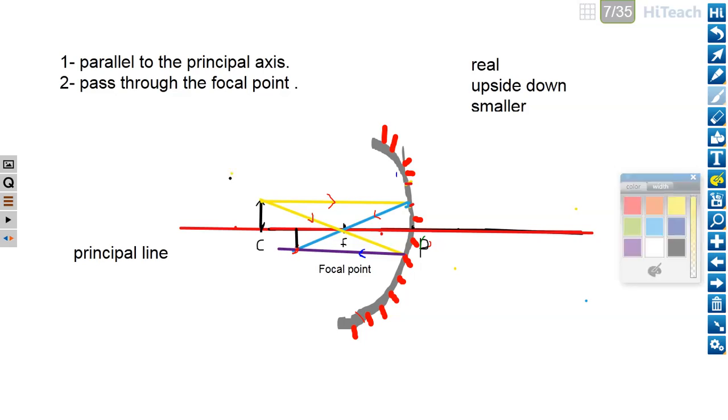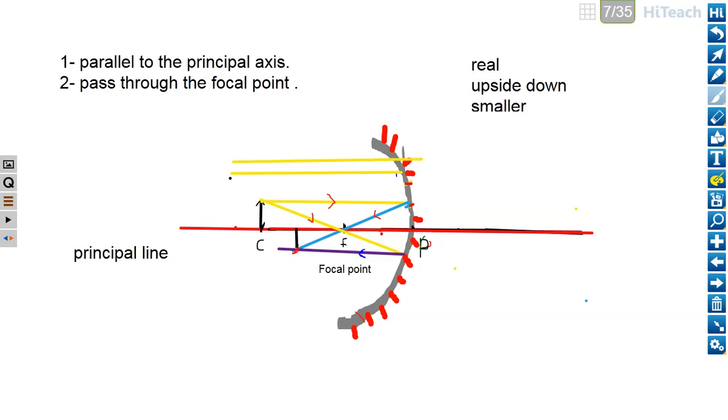How will all of them be reflected? Passing through the focal point.